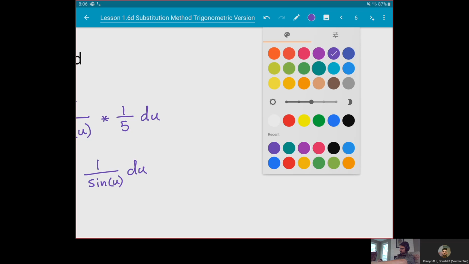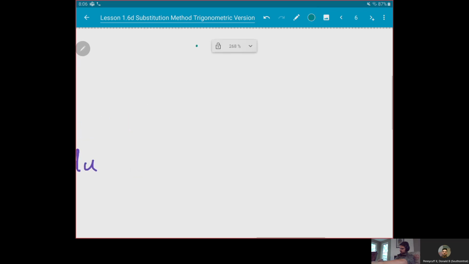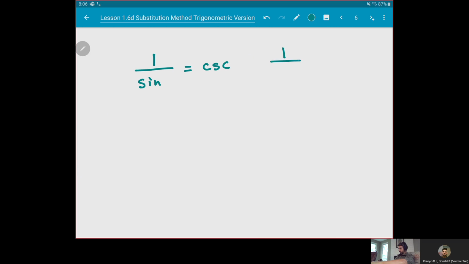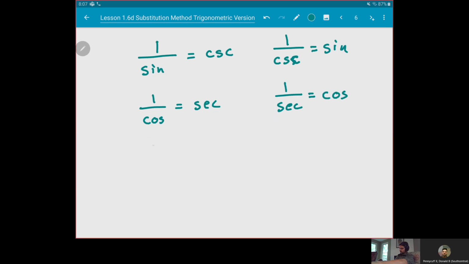So the first thing to keep in mind is that 1 over sine is actually equal to cosecant. Okay? Now, that being said, 1 over cosecant is equal to sine. Okay? 1 over cosine is equal to secant. 1 over secant is equal to cosine. 1 over tangent is equal to cotangent.